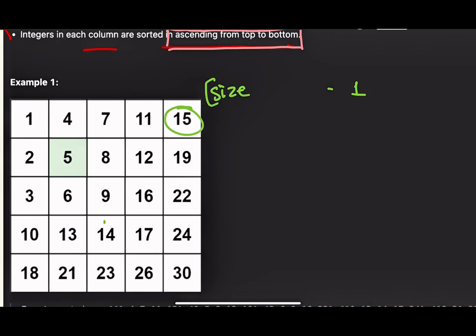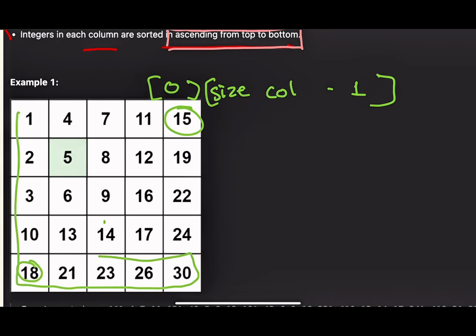They're gonna be the size of the column minus 1 and at the row 0. So we're gonna start from the top right corner. In fact, you guys can actually start from this one, because you guys can also form a sorted array here with the same idea.